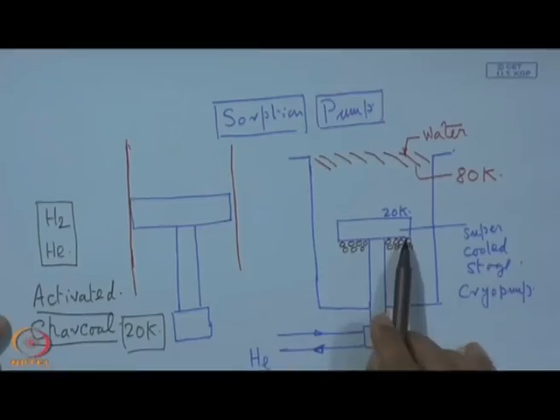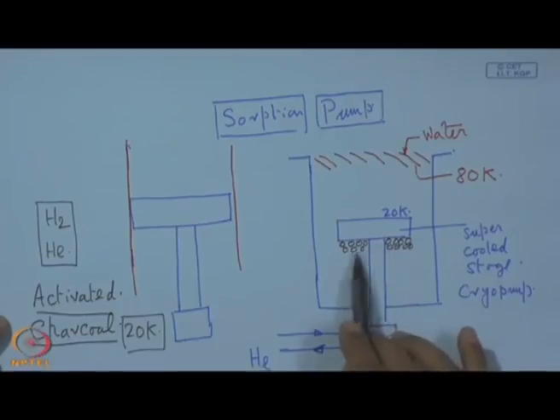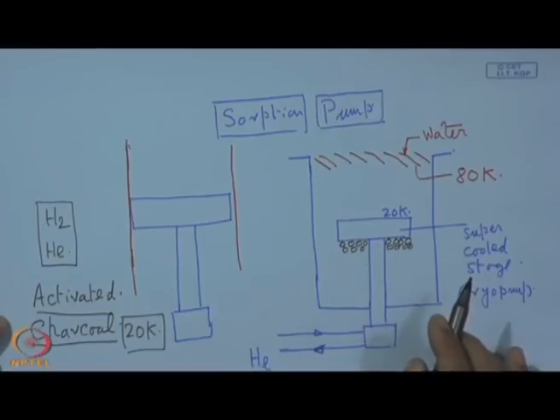Later on, this can be heated to move it out, but at that point the surface will be loaded by the condensation of these gases. So, this is what we call a cryo pump.